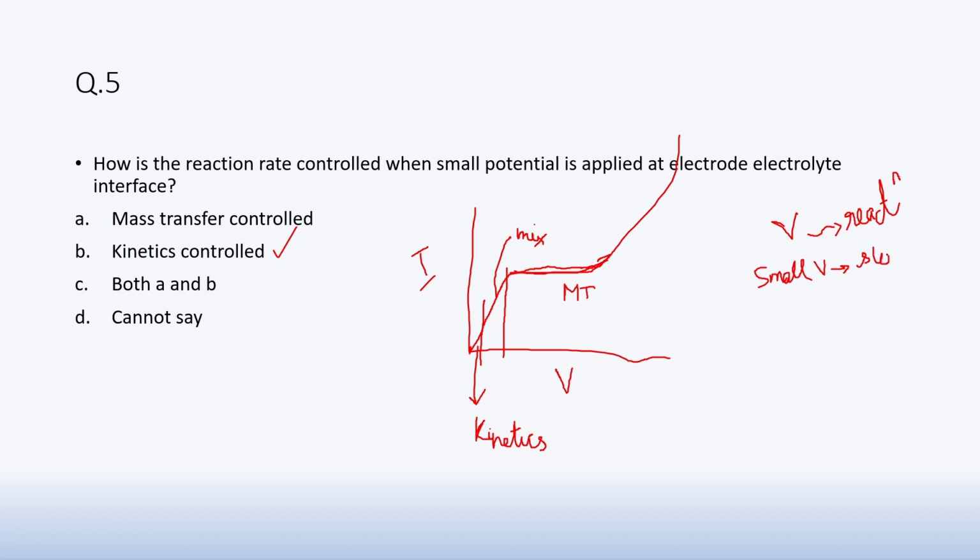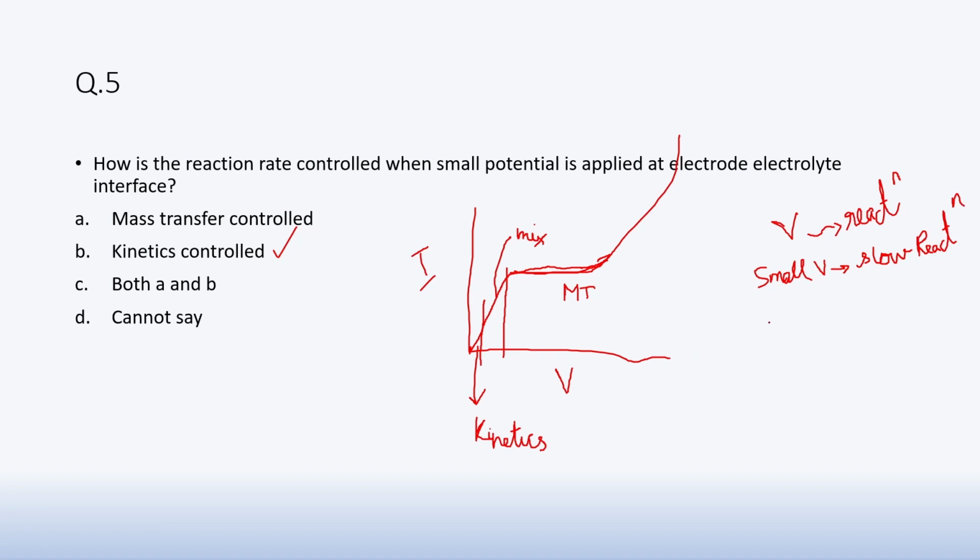So when you are forcing a reaction to happen, what is happening? The electrolyte will have the ions in it. Some things have to diffuse from the bulk and come to the surface, right? Only then will the reaction happen.